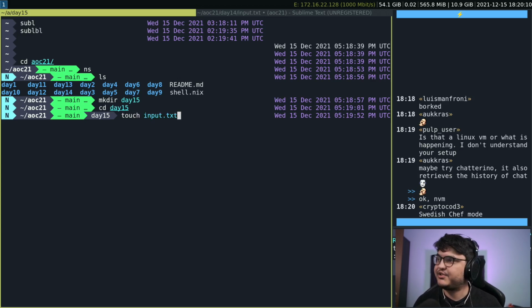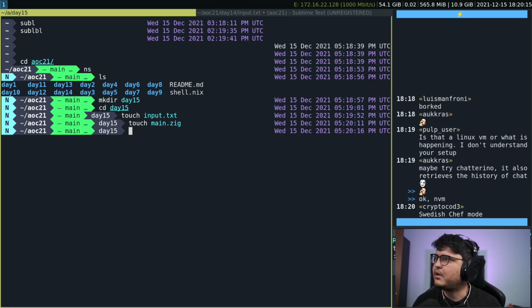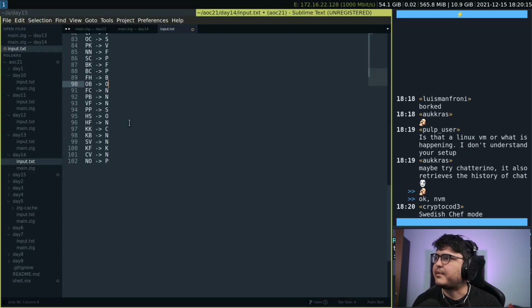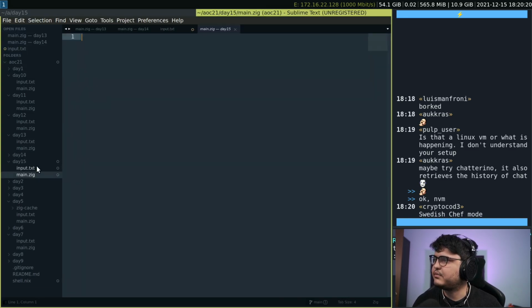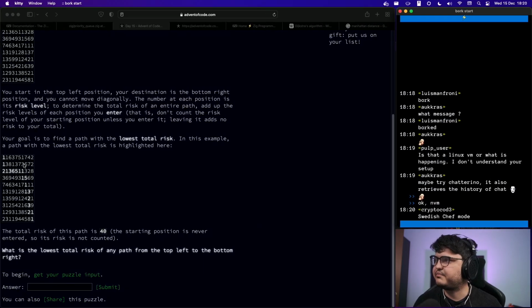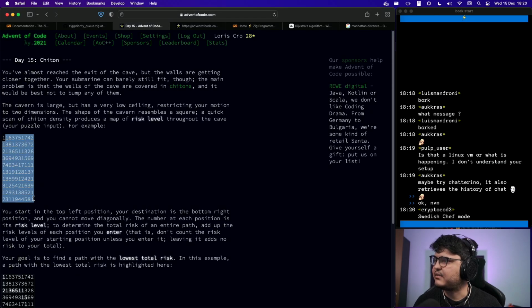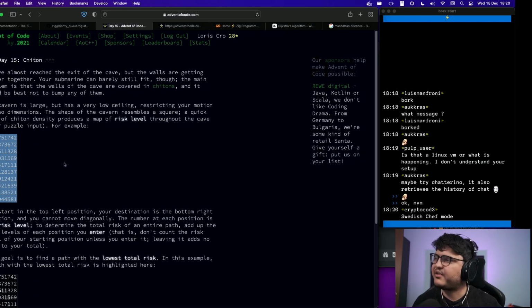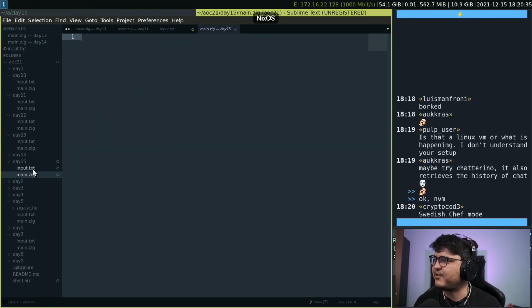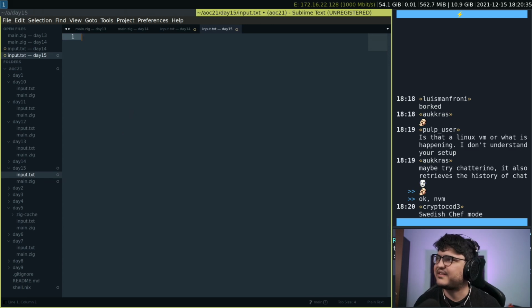Okay, so touch input, touch in the zig. Then Sublime. Day 15. So let's use the simple input, I guess, as a starting point. Although it shouldn't be this bad. I think I remember this was super easy, but I know I can't get too confident because I'm gonna mess it up.